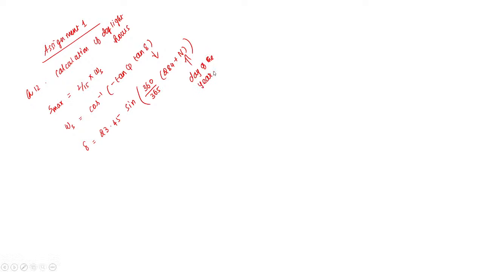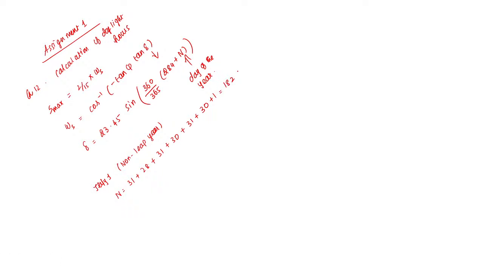In the problem it was given as July 1st of a non-leap year, so February is taken as 28 days. If you calculate n: January 31, February 28, March 31, April 30, May 31, June 30 and July 1st, it would be 182.